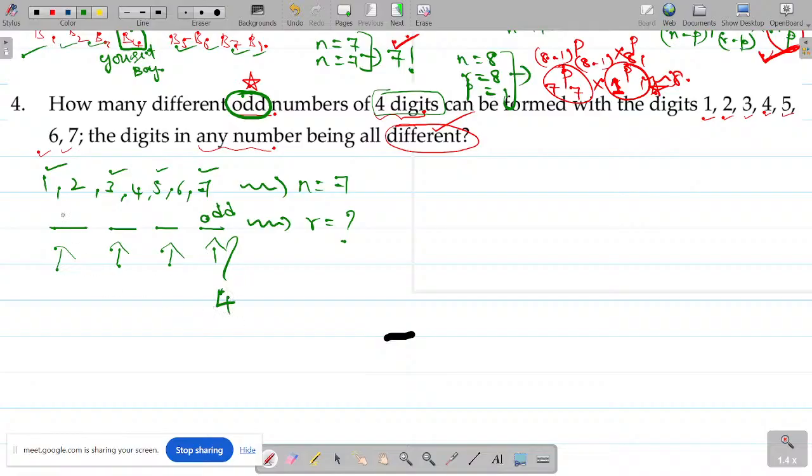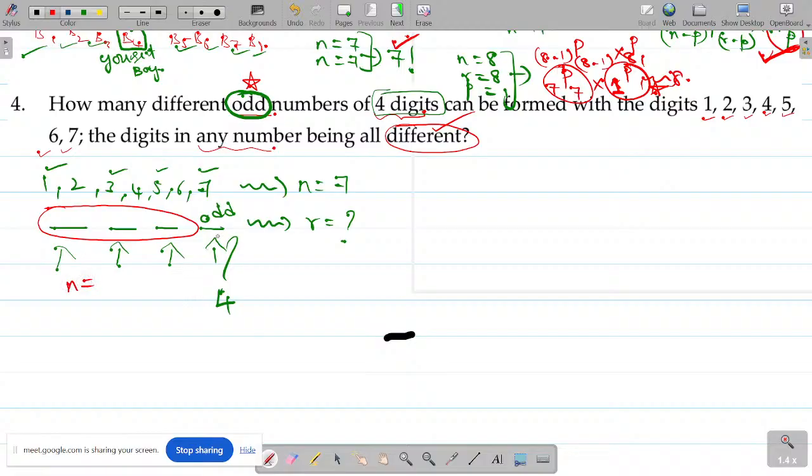Okay. Now come to the remaining 3 places. Make it as 2 different problems. In how many ways can you fill this? This is also again a restricted problem. What is n?